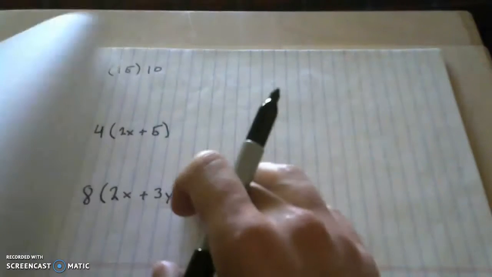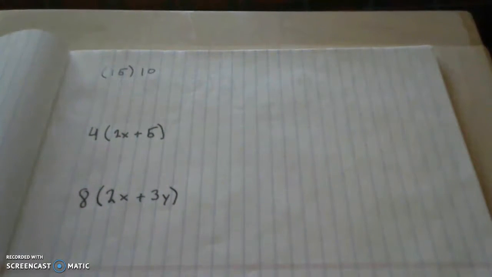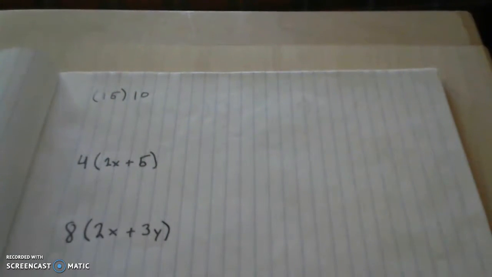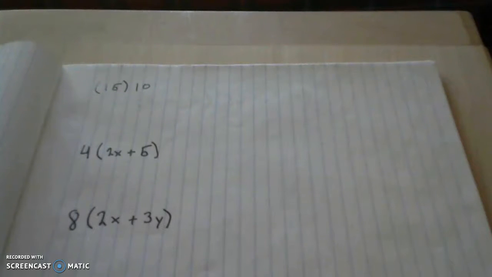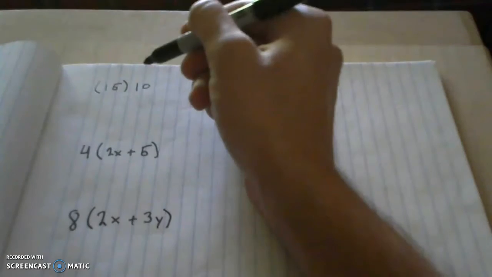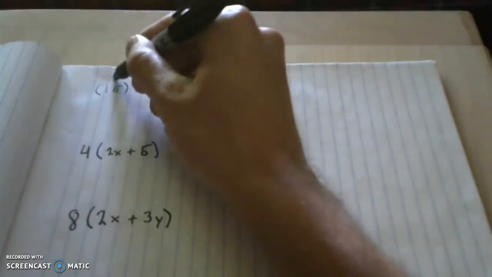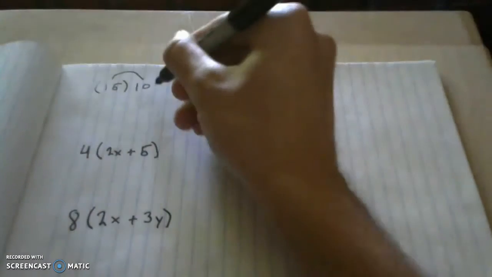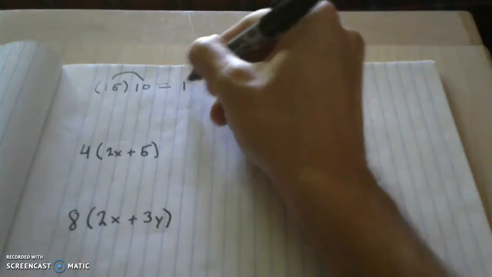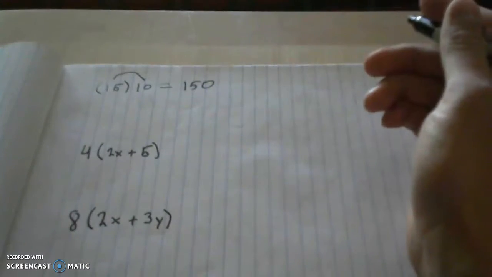Okay, so in school, by this point in math classes, you've probably learned how to solve these types of equations here. They're just different ways of multiplying, and so if we go through, you'd probably know that 15 times 10 at the top here, you take the 15 and you multiply it by the 10, and you would get 150.